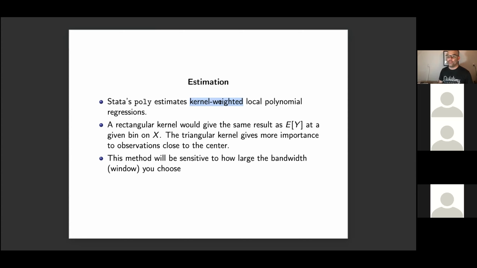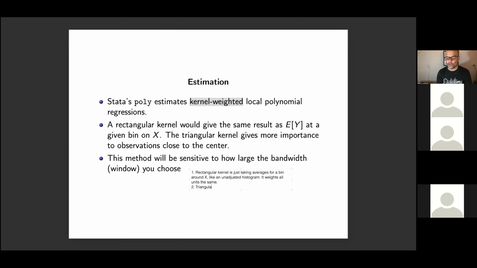And this method, a couple of things to say about it. Number one, a rectangular kernel is just taking averages for a bin around X, like an unadjusted histogram. It weights all units the same.